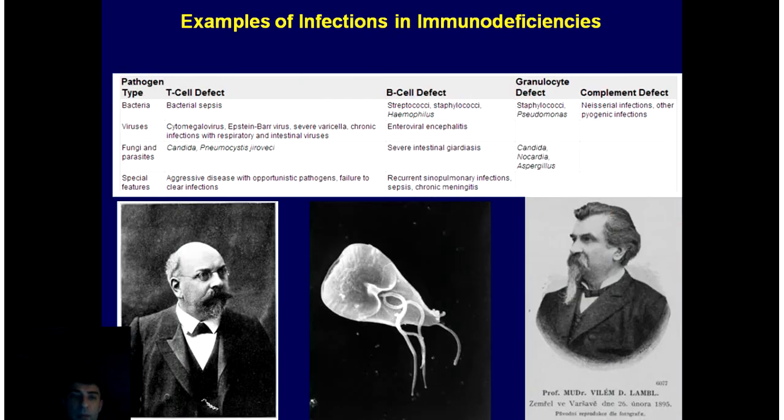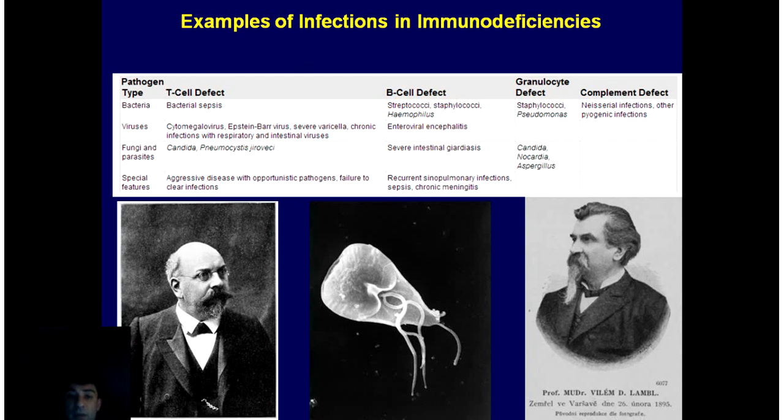And it's important to see that there is no strict rule that if you have this immune deficiency, necessarily this or that bacteria should cause a problem. But there is some rule, and that's why this table is shown here. In our case, we are looking at the B-cell defect in Bruton's agammaglobulinemia. The most common bacteria are streptococci, staphylococci, Haemophilus influenzae. Some viruses could be there.